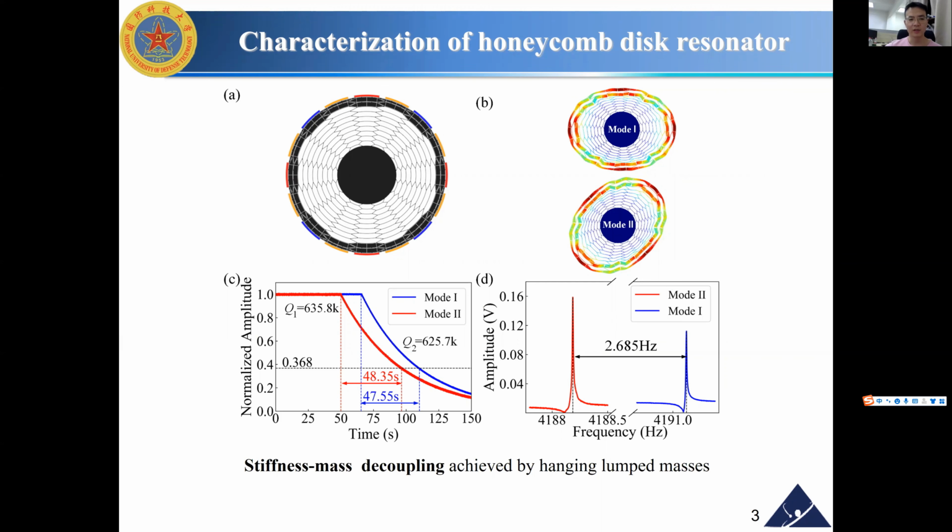As you see in the figure, the decay times of the two axes can be improved to 47.455 seconds and 48.35 seconds respectively. Besides, the frequency mismatch without frequency tuning is less than 3 Hz.